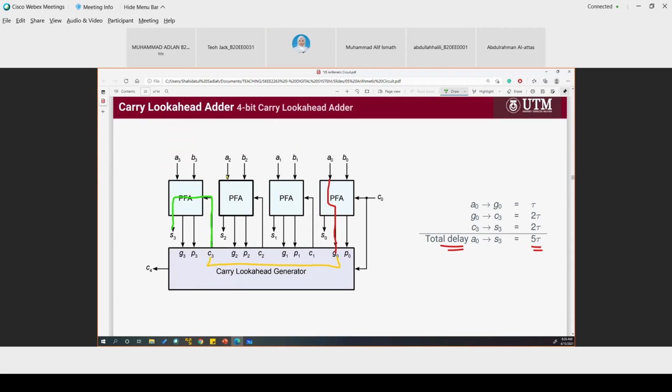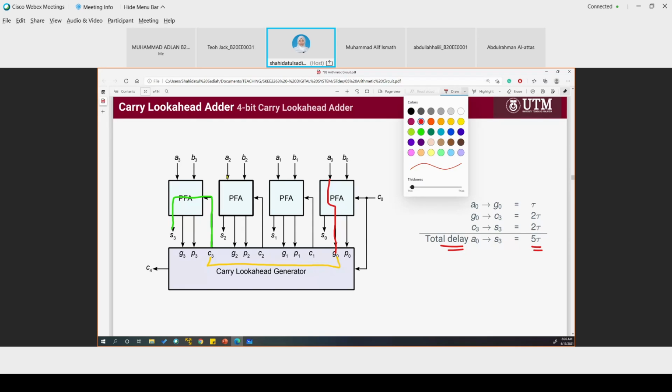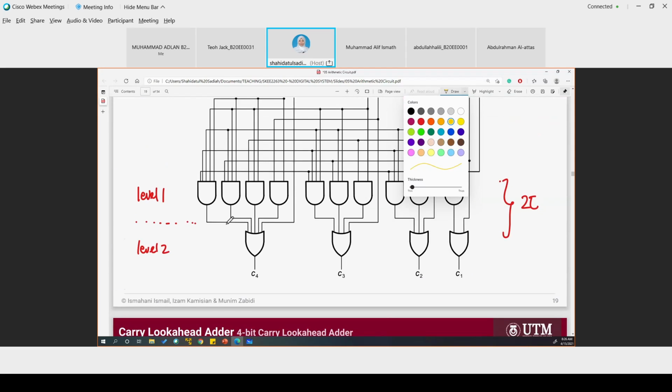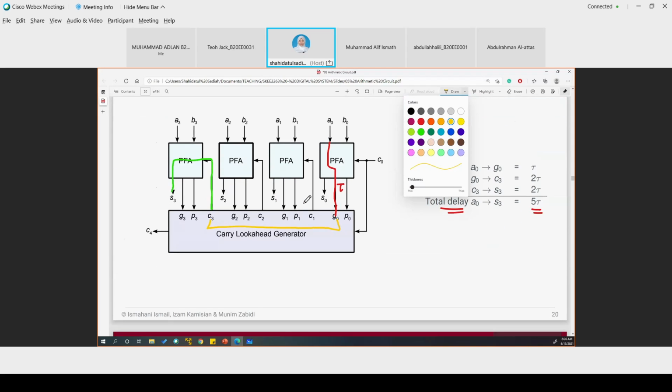So from A0 to G0, we only need tau. From G0 to C3, this is inside the carry look ahead generator, the circuit that calculates the carry. So it's 2 tau. And this is another 2 tau.